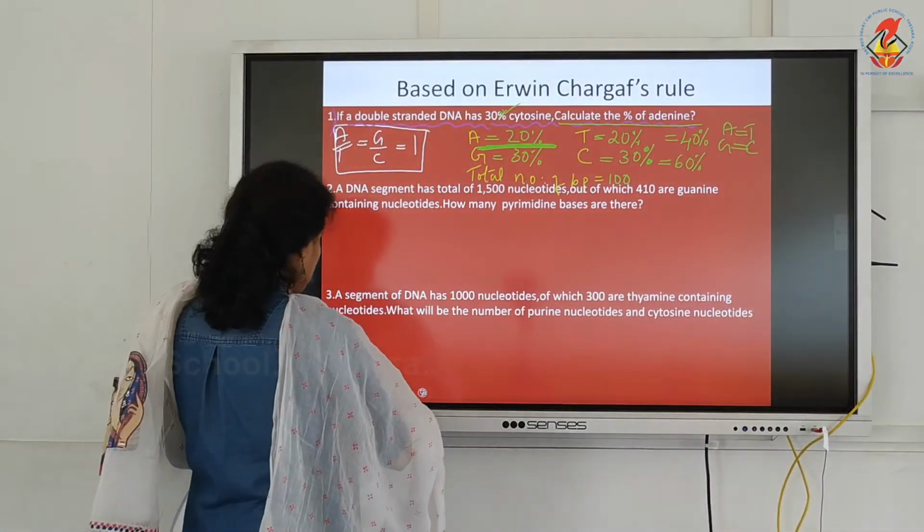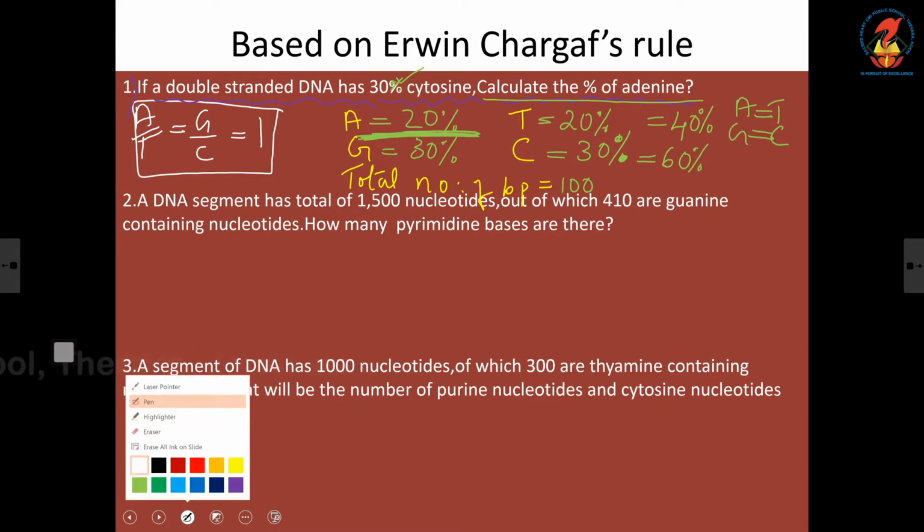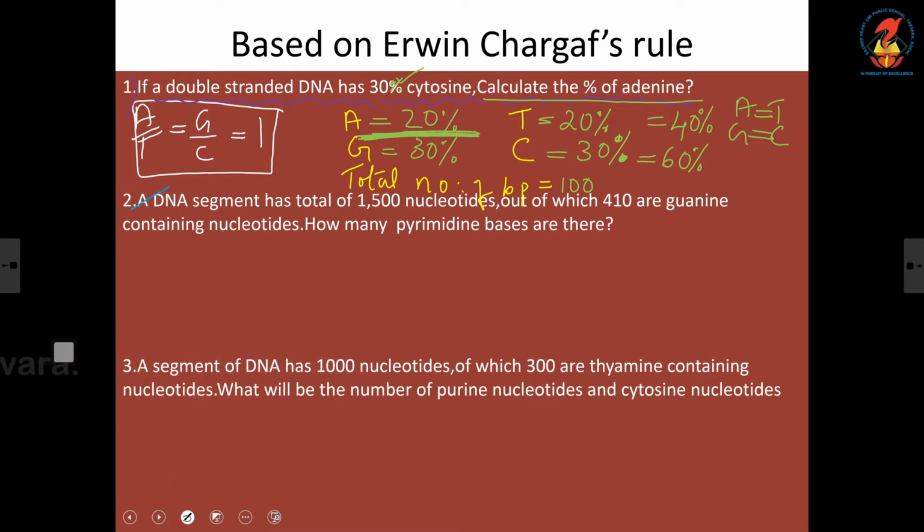Now the next, we are going to a little more complicated one, slightly complicated. A DNA segment has total 1500 nucleotides, of which 410 are guanine. How many pyrimidines are present? So the same format, adenine by thymine is equal to guanine by cytosine is equal to 1, Erwin Chargaff's equation.